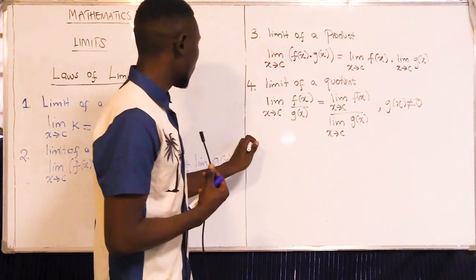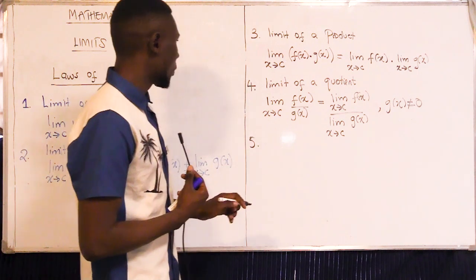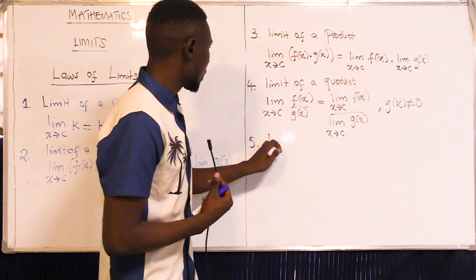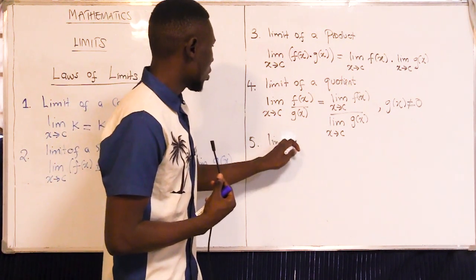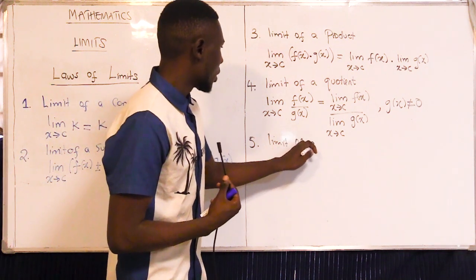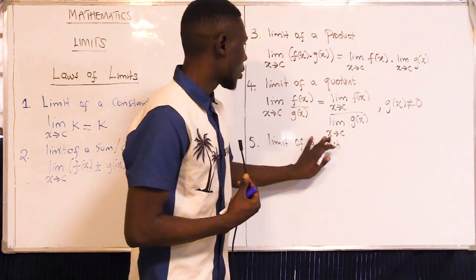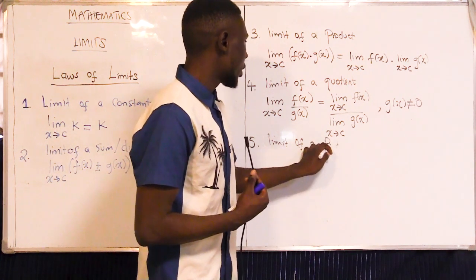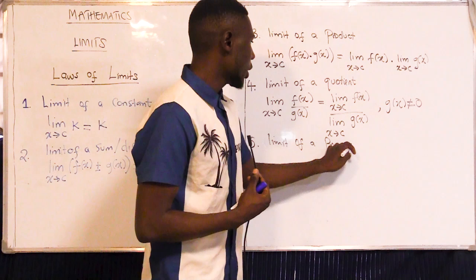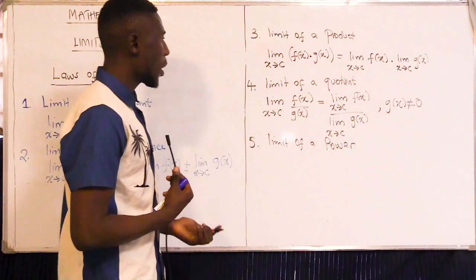Let's move on to the fifth law. The fifth law is limit of a function, or rather let me say of a power. So here our function is presented as a power.